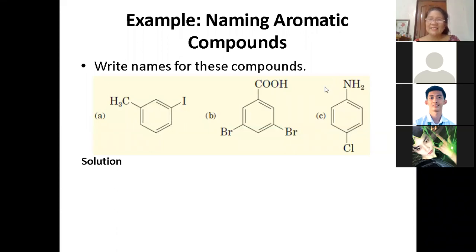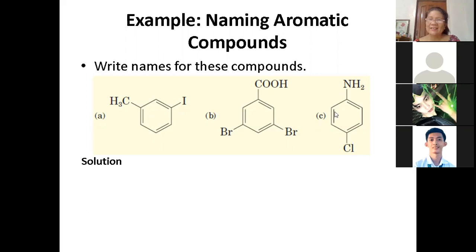So this is aniline. Letter C, your parent name is aniline. Chloro. Put a number, 3. 3-chloroaniline. Okay, that's correct.